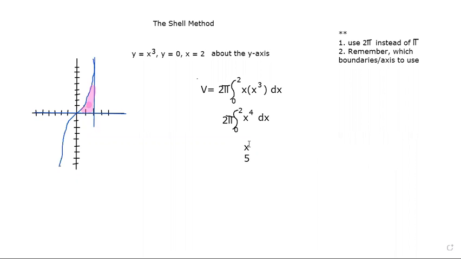Okay, so we have x to the 5th over 5, but we're still going to keep our 2π out in front. And we're evaluating this from 0 to 2.